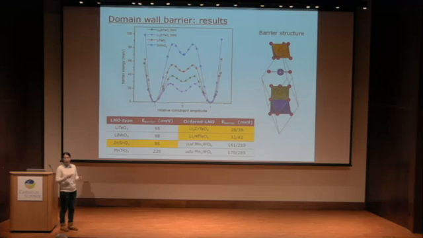So is there any other way we can estimate the domain wall barrier before we do the calculation? Here, the ferroelectric polarization switching is mainly driven by this A cation moving all the way from here to here. So if this A cation is loosely bound to the environment, then you can imagine it can easily move a long way.